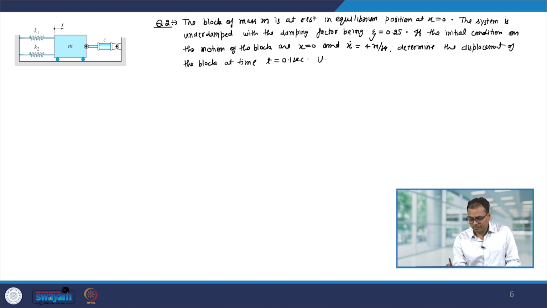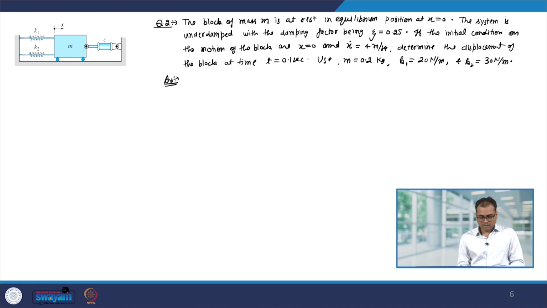It is given that m equal to 0.2 kg, K1 equal to 20 Newton per meter and K2 equal to 30 Newton per meter.